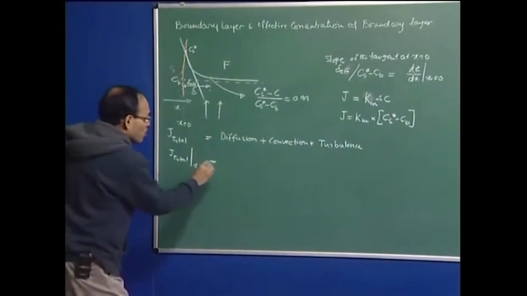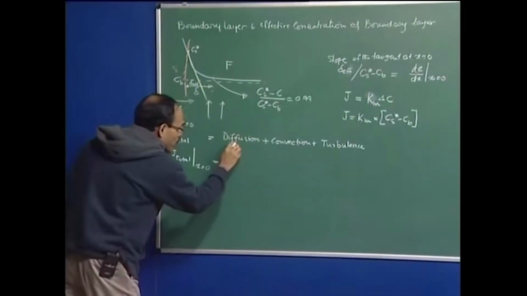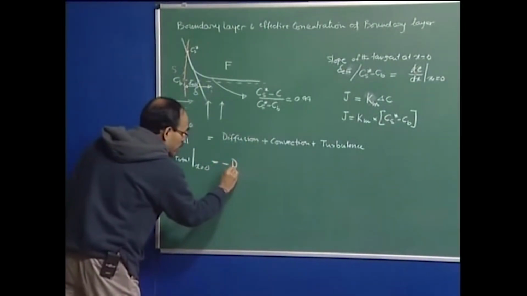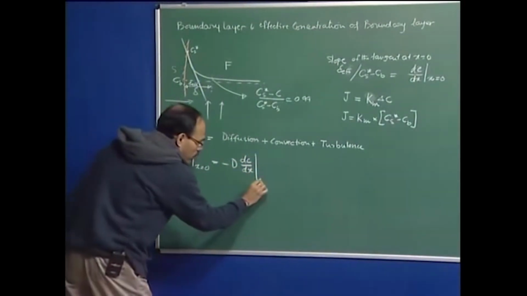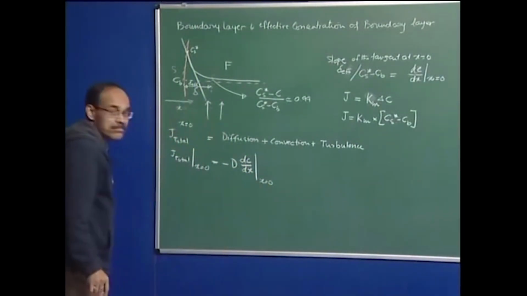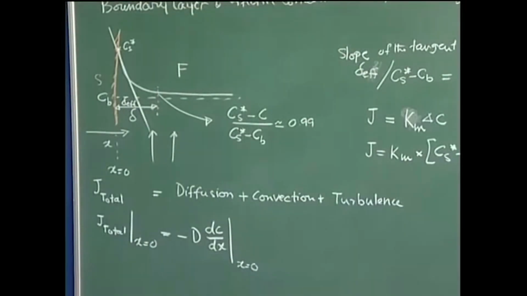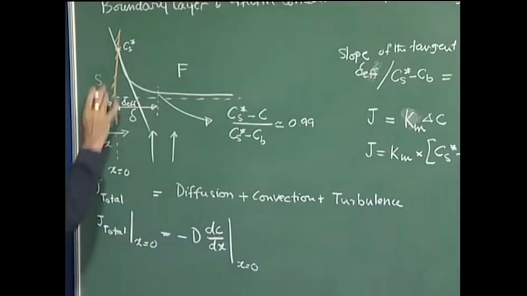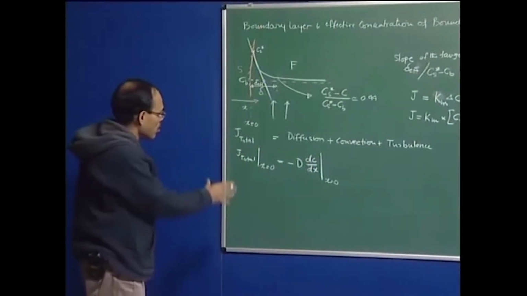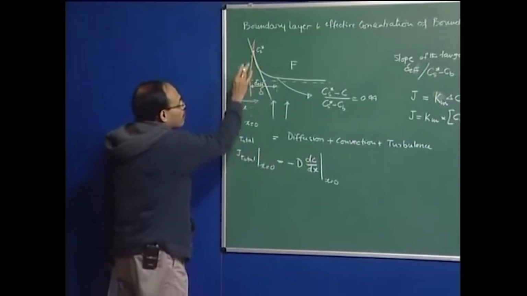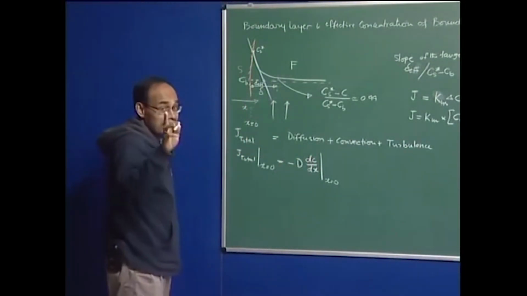So, therefore, the total flux is going to be equal to the diffusion flux, which is nothing but D dC over dx, but this is at x equal to 0. Now, you note that it tends to give you a picture that the mass transport at the surface is diffusion flux, or the mass flux at the surface is solely due to diffusion, but it is not so.